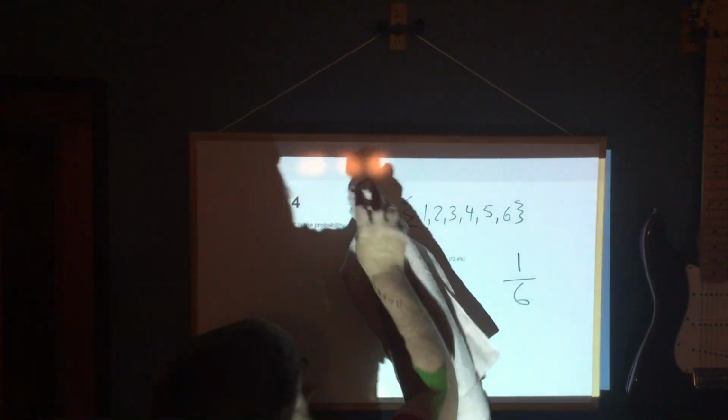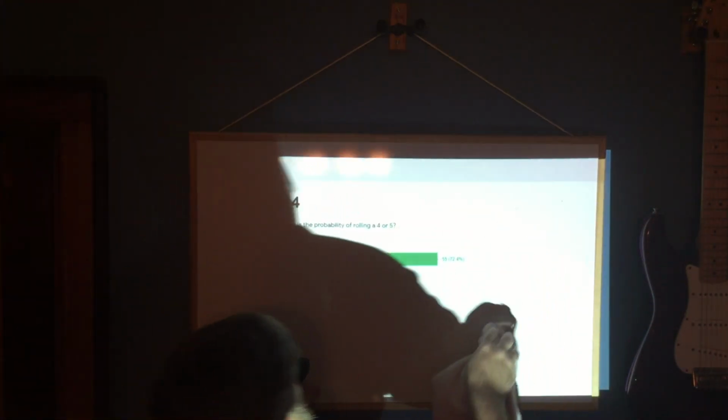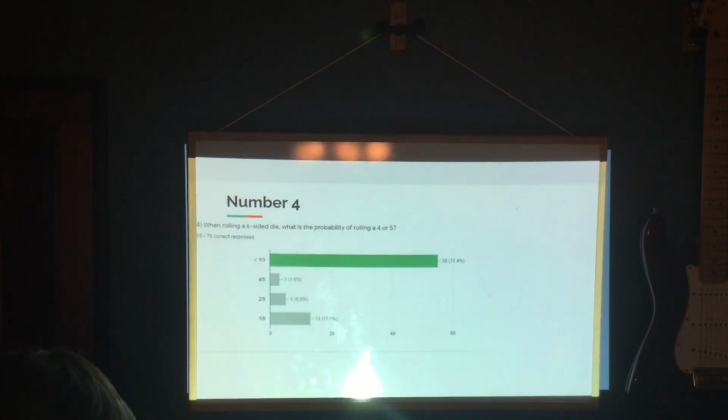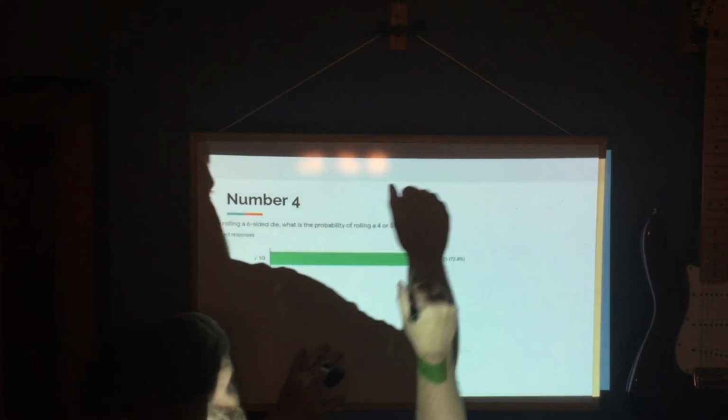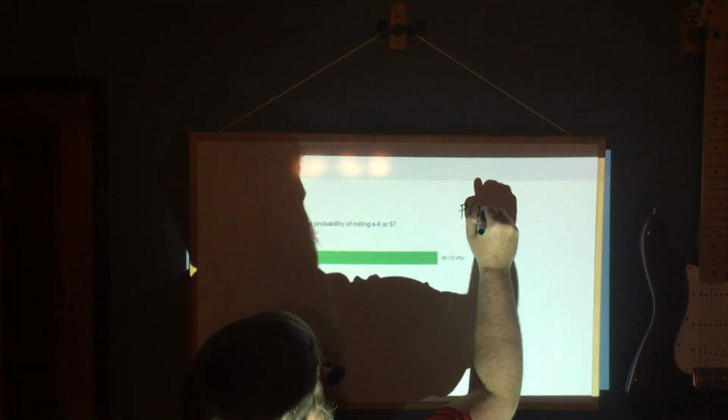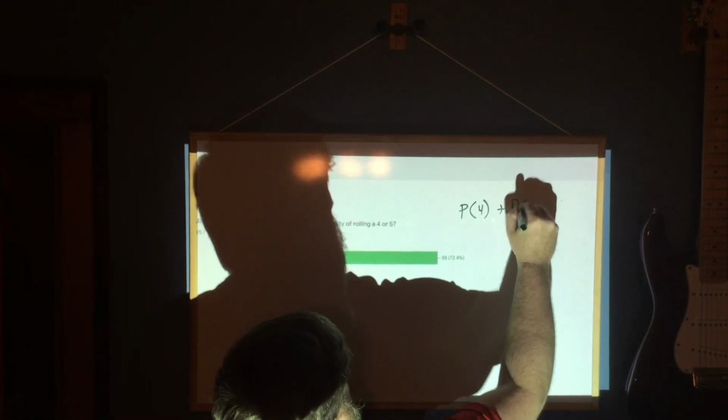All right, on number 4, when rolling a six-sided die, what's the probability of a 4 or a 5? Well, these can't be done at the same time, so they're mutually exclusive, which means you would just take the probability of 4 plus the probability of 5.